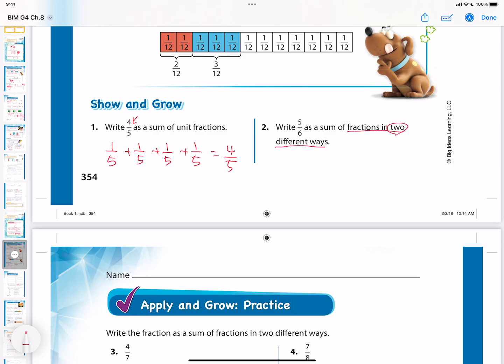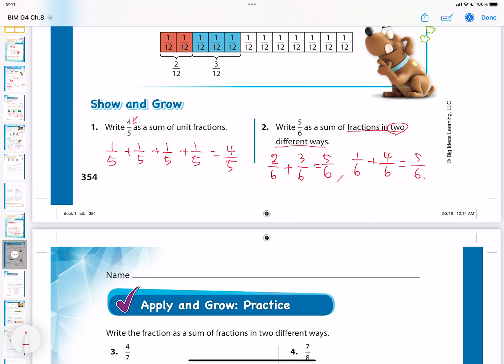I'm going to go for 2 plus 3 over 6. Oh, I need to put this symbol in the middle, okay? Is 5 over 6. Another way is I can split the 5 into 1 and 4. So 1 over 6 plus 4 over 6 is also 5 over 6.